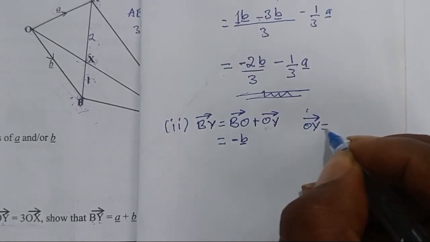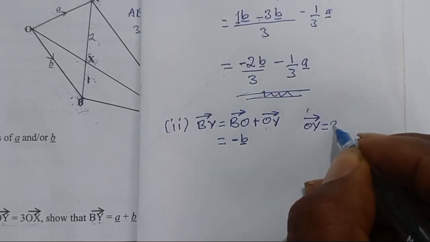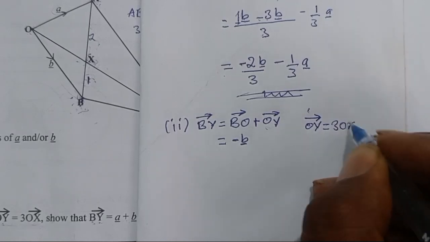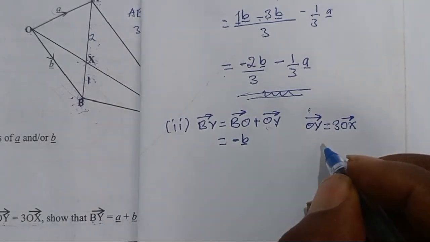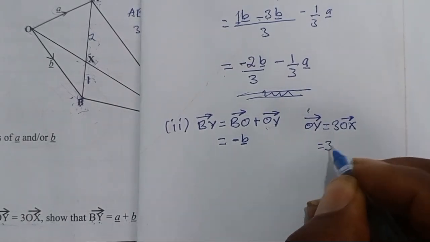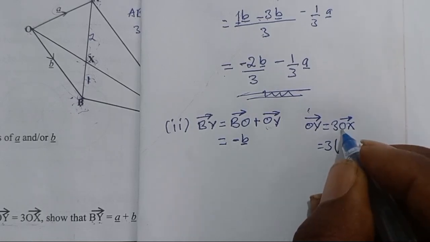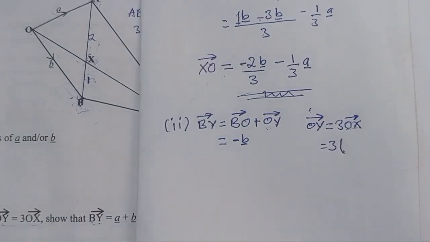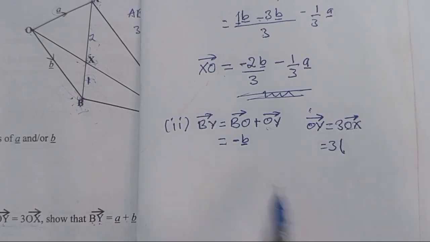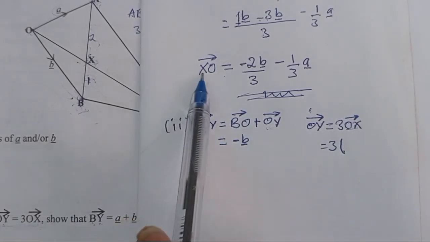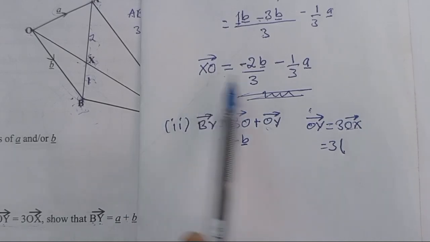Vector OY is equal to 3 times, do we have vector OX? As far as I know, we have vector XO, which is this answer.